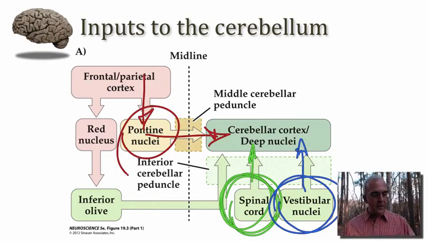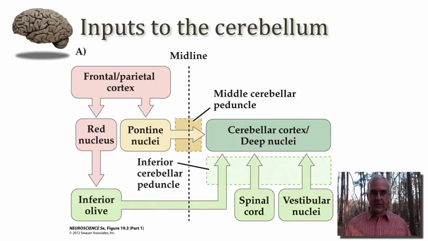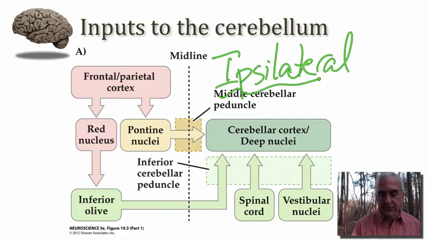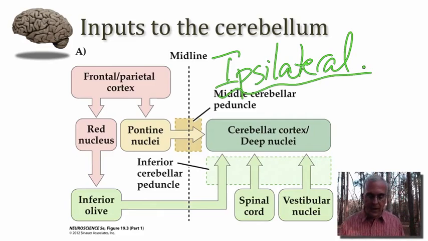One final point to make about the organization of this circuitry that should have been evident to you as we've been talking about it, and that is that this cerebellum is representing the ipsilateral side of the body. So perhaps I'm belaboring this point just a bit, but it certainly is worth some added emphasis.